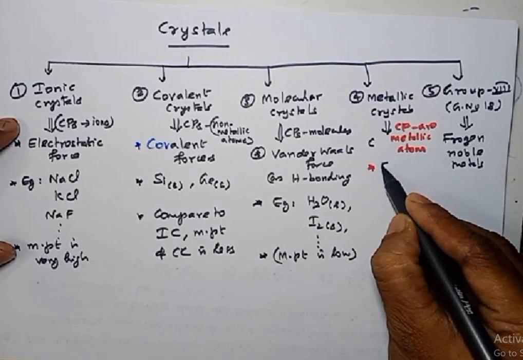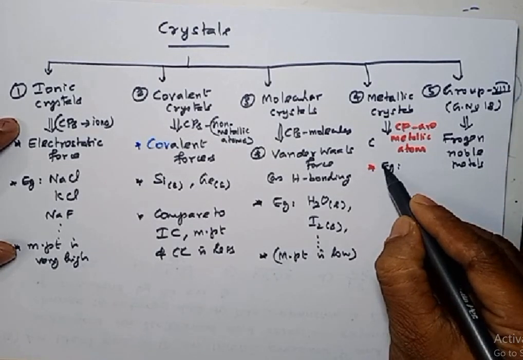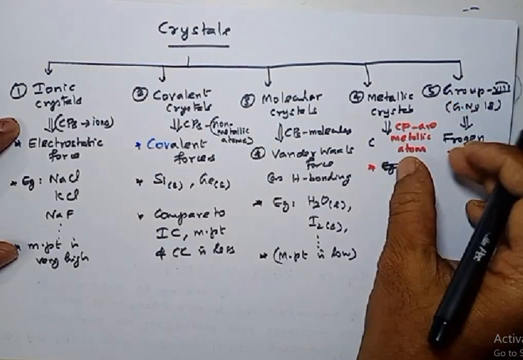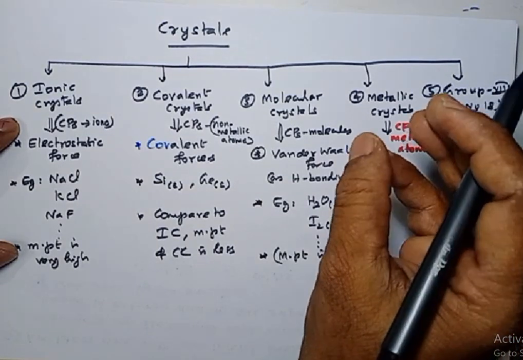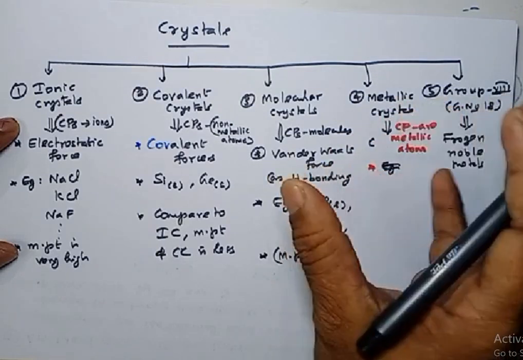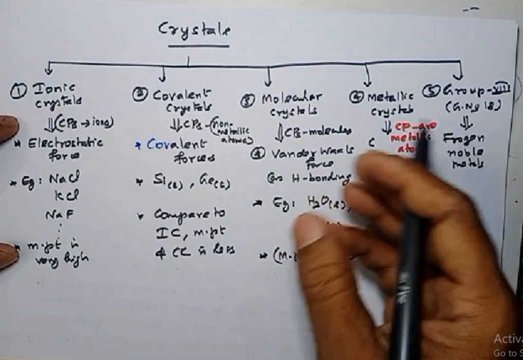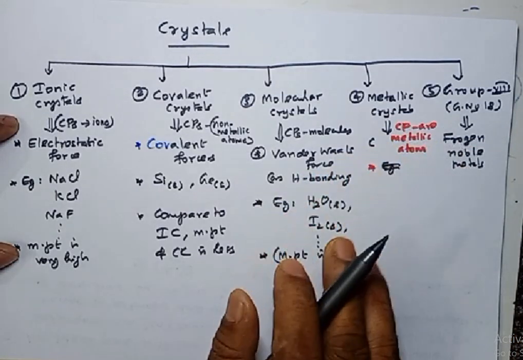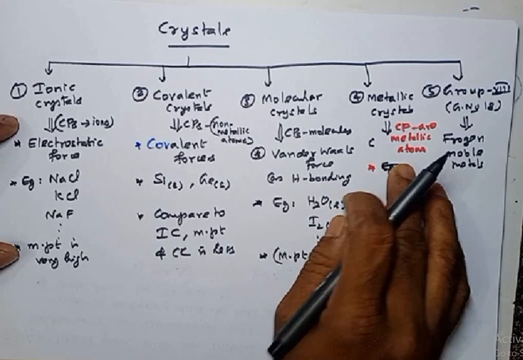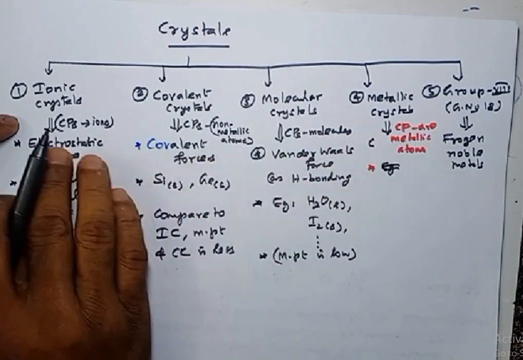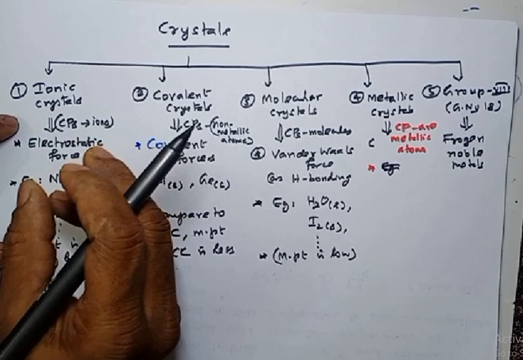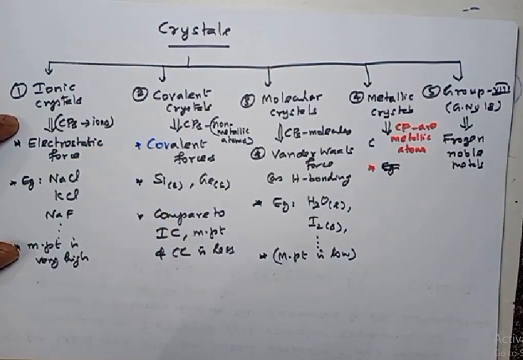Then, in metallic crystals, the metal ions and electrons are held together by means of electrostatic force. Again, it is also electrostatic force. But what is the difference between ionic crystals and here? In an ionic crystal, one cation may be attracted by 4 or 6 surrounding negative ions; usually it is less than 10.